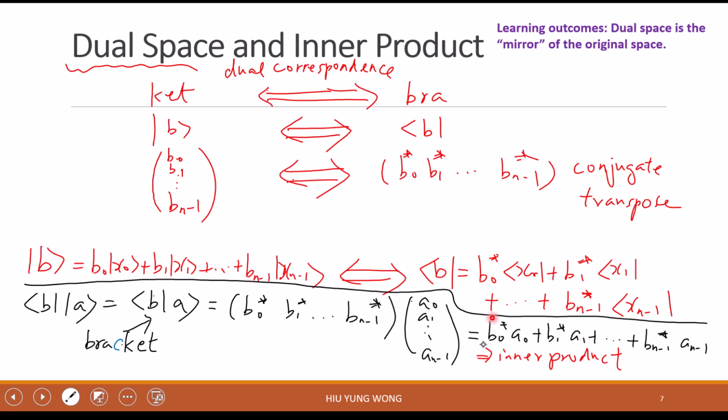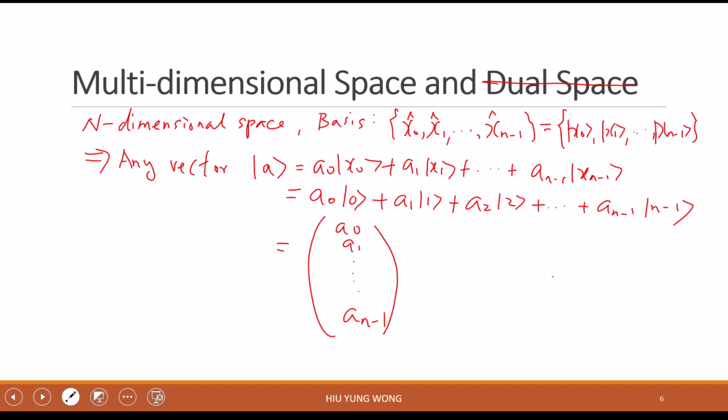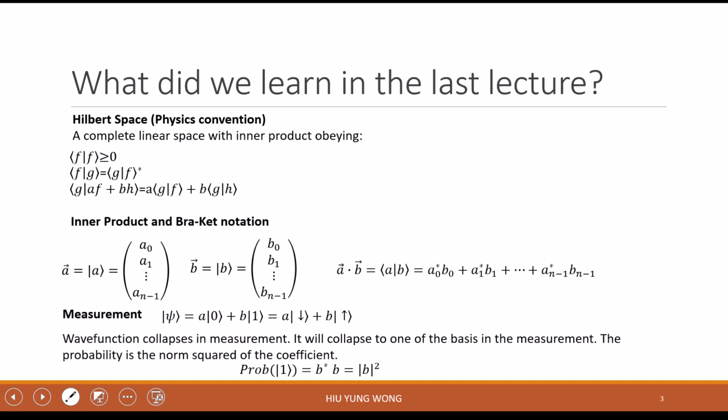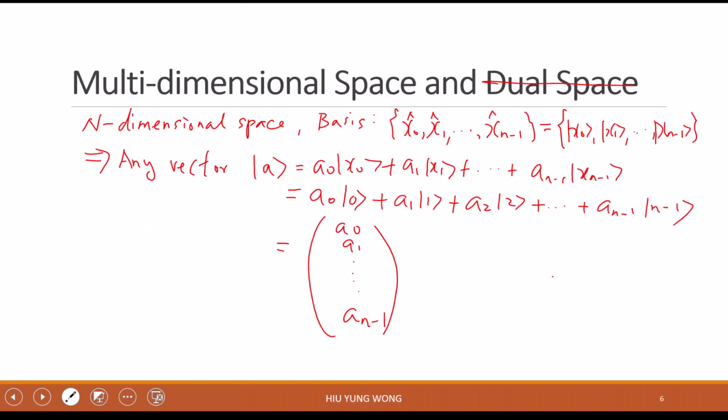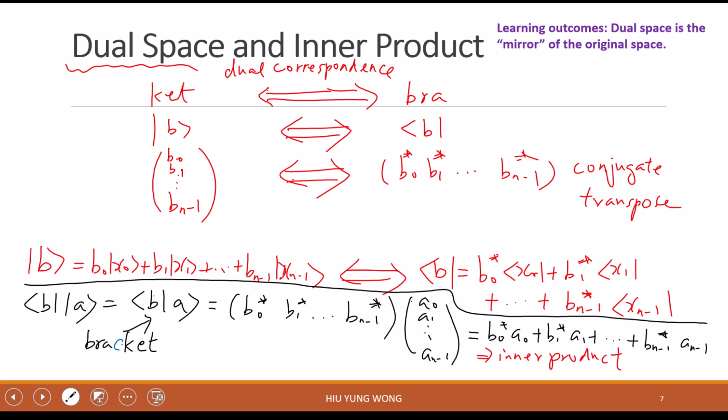So we did not say that this needs to be the inner product, but with the formalism we wrote here, when we multiply B by A, we get the inner product. So this goes back to our original symbol. We claim that this is the inner product. And now you understand why we claim this is the inner product, right? So I did not go through a sequential derivation to establish the whole theory.